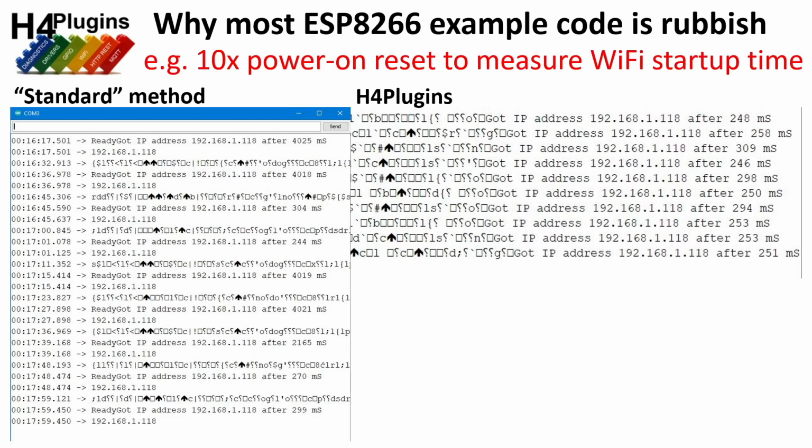let's look at this. These are the actual screenshots of the tests I ran. I ran 10 times. I just hit the hardware reset button and measured how much time it took from that to the start of getting connected to the Wi-Fi. So on the left you've got the standard method, and on the right you've got the H4 plugins.